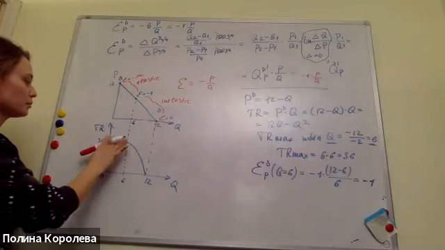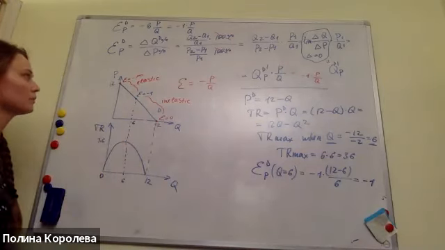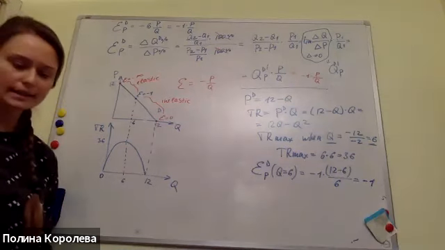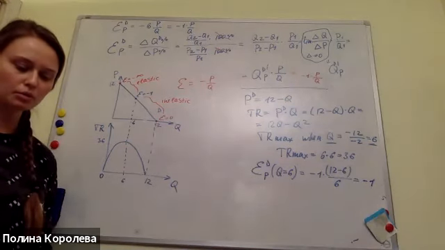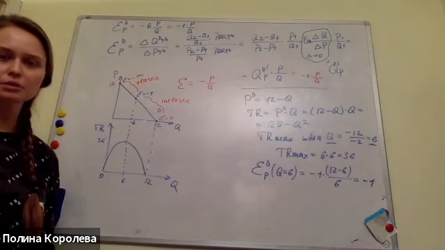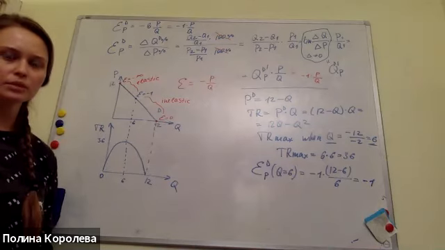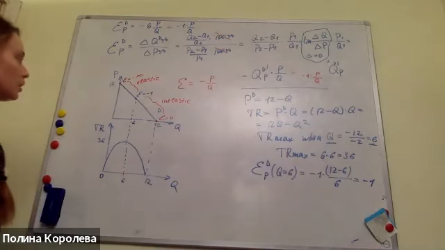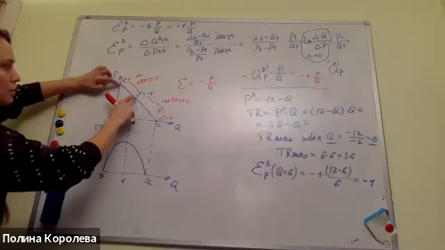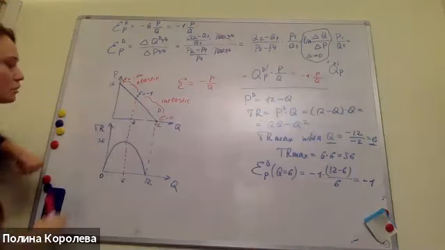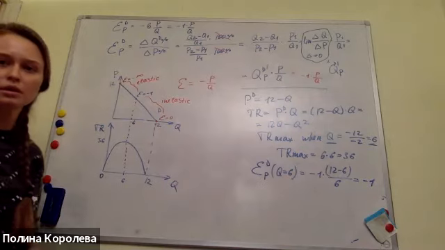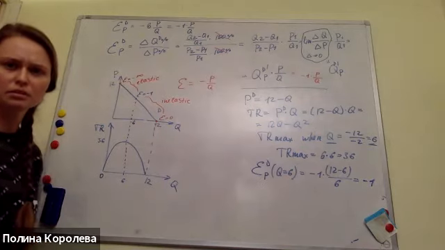My question: if we work on the elastic part, what should we do with the price to increase our revenue? Please answer. Anna? Well, we should make the price higher, increase it by 1%.